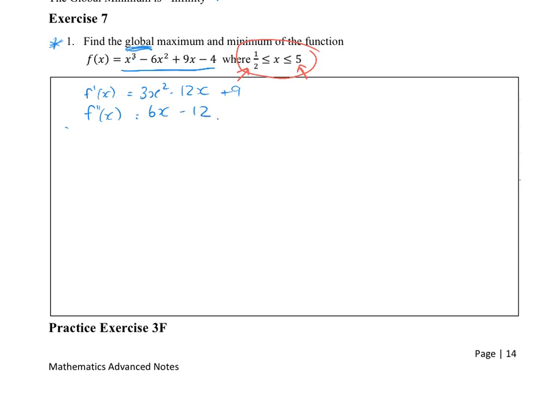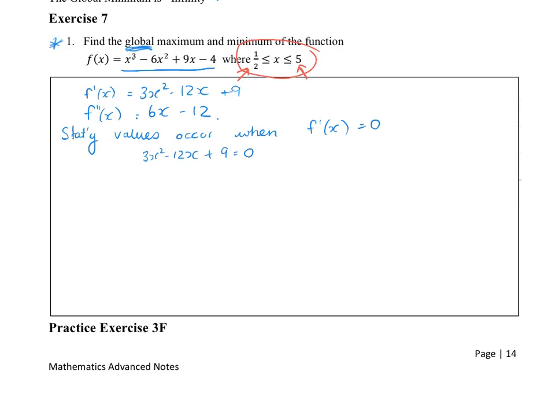Then we say stationary values occur when f dash x equals 0. So we'll have 3x squared minus 12x plus 9 equals 0. That's the quadratic we need to solve.